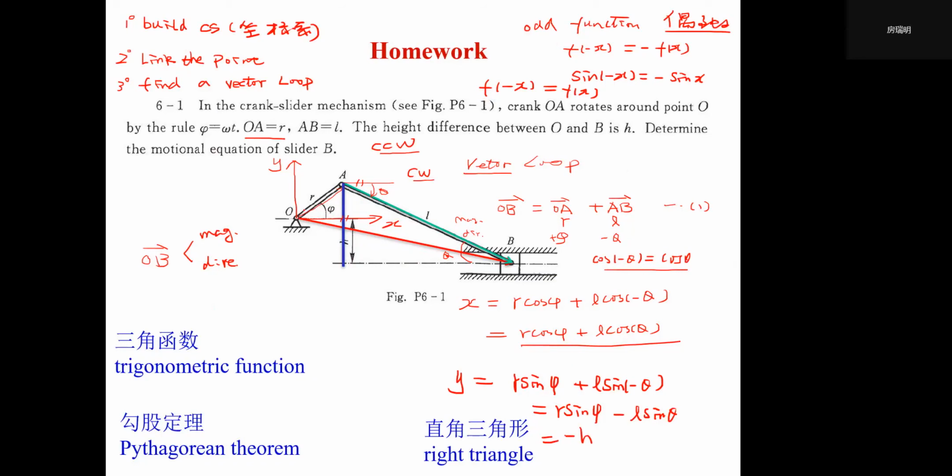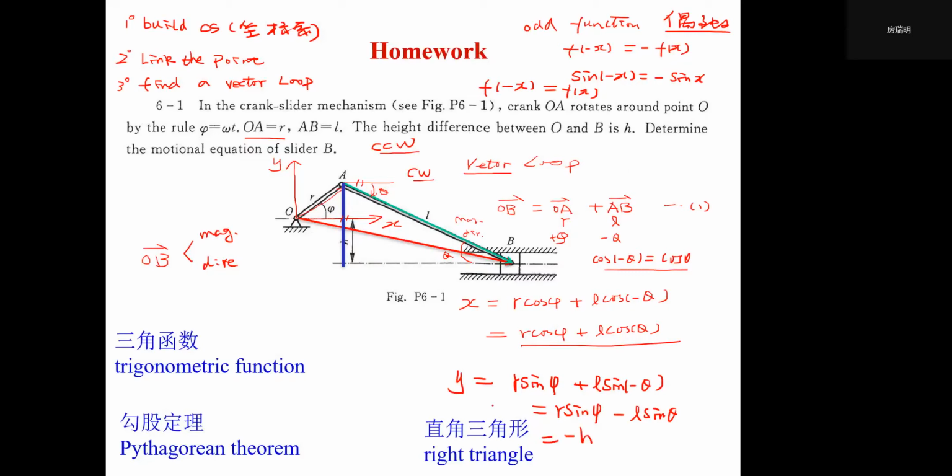Because our coordinate system has its origin here, you can see the y component of point B, no matter whether its position is here or here or anywhere else, its y coordinate will always be minus h, right?